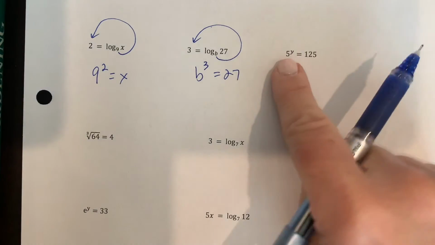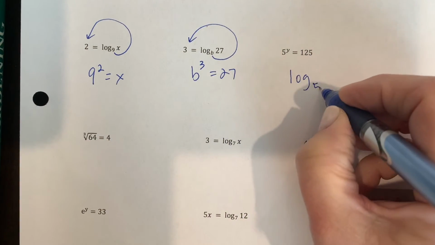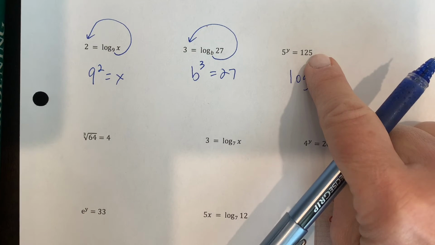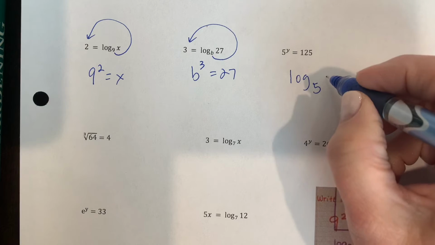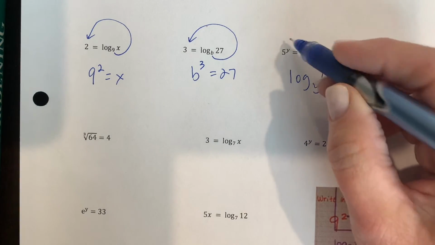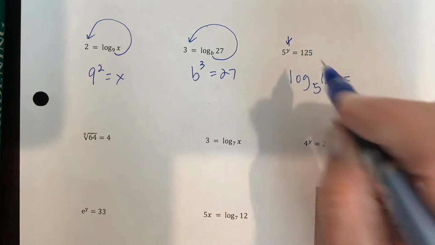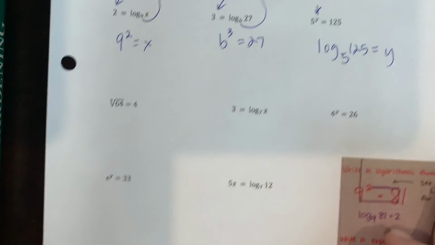My base was 5, so I know it's going to be log to the base 5. My exponent is the answer, and then the power is your argument.